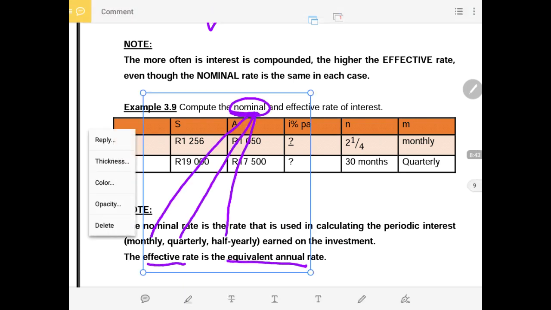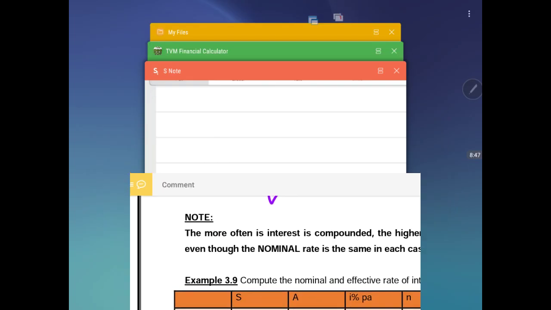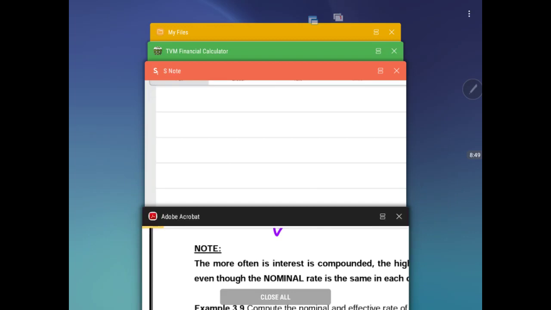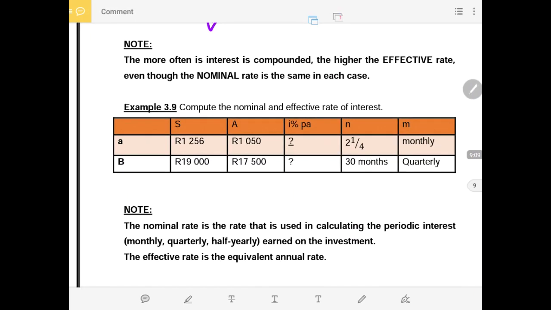Now, let us go straight to our calculations, and I will use the financial calculator, but not the one in the app, because there's one thing that I discovered that will not easily make sense when I'm explaining using the calculator, and it will not be consistent with my calculations. Now, how much do we have? We have under A future value 1256.